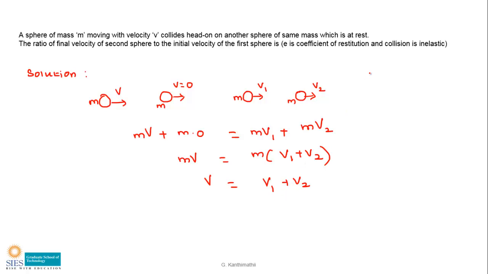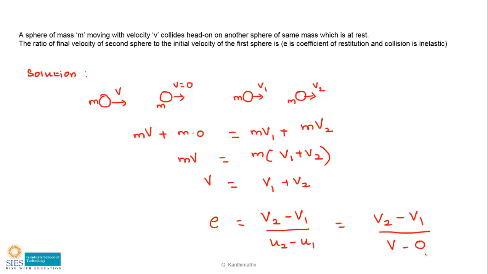And e is the coefficient of restitution. We know the formula e equals (v2 minus v1) upon (u2 minus u1), where v1 and v2 are the final velocities and u1 and u2 are the initial velocities. So this would become (v2 minus v1) upon v, since the initial velocity of the second sphere was 0.